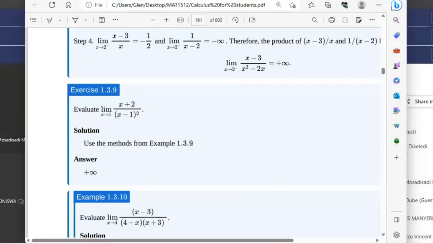When we put minus 5 that Lebo gave us in the place of X, we'll end up having a negative number. Do we agree? Now, these are two negative numbers. When we multiply them, we're going to end up having a positive number. Do we agree? Regardless of what those numbers are.